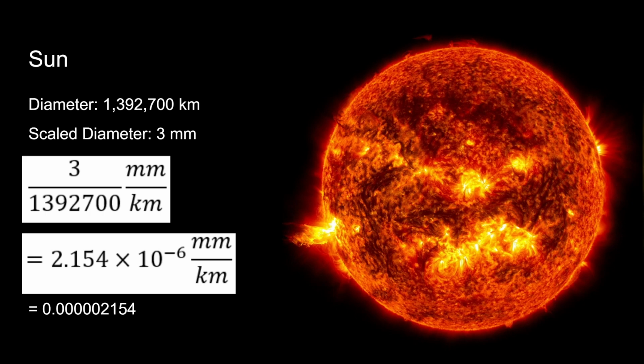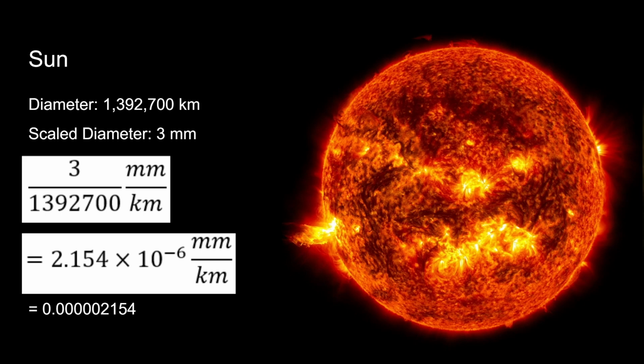Okay, now to start with the math. So first we need to figure out what the actual scale is going to be, and I have the math here, and let me explain what to do. So like I said, we're going to have a scale diameter of 3 millimeters, and the way that we find the actual scale is using the actual diameter of the sun, which is about 1.4 million kilometers, and we divide the two.